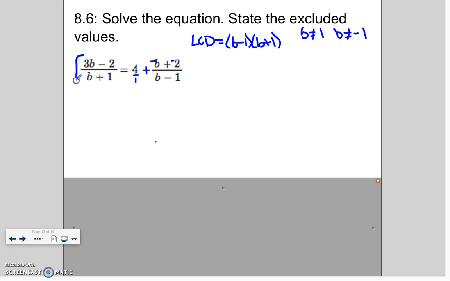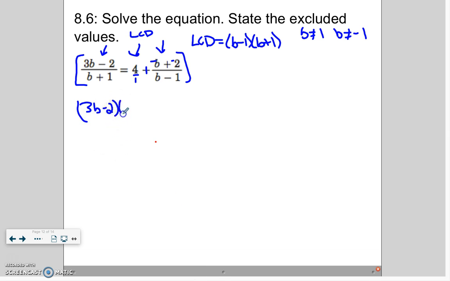So what I'm going to do then is I'm going to take this whole expression and I'm going to multiply every single fraction by my LCD. So I'm going to take 3b minus 2 and I'm going to multiply it by b minus 1, b plus 1, and put it all over b plus 1. That's my first expression.